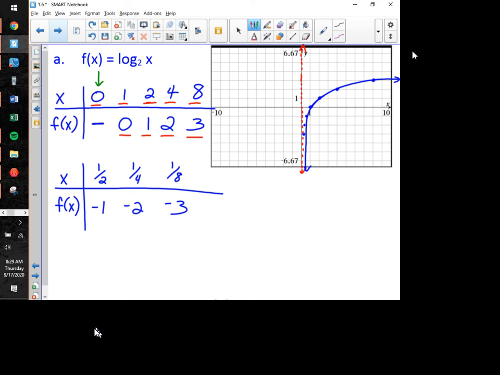Okay, everybody, that is where we're at for the graph of f of x equals log base 2 of x. Now, what I'm about to draw, I'm going to undo as soon as I do it, so you might not want to, but just follow along here. You guys should notice that these ordered pairs look familiar.